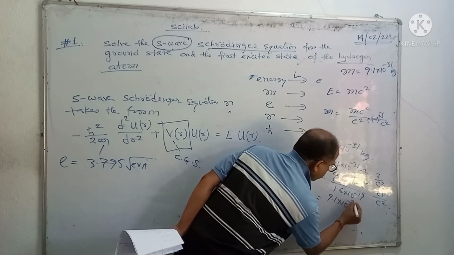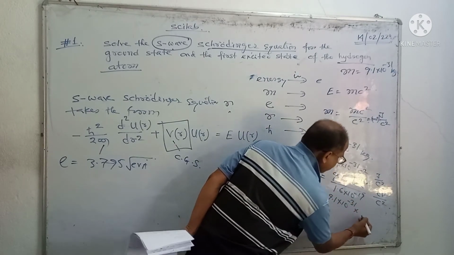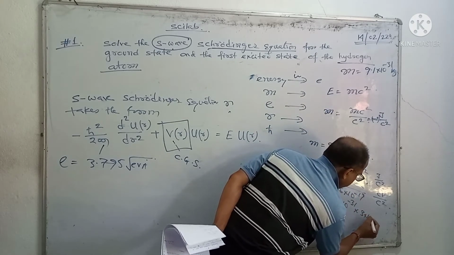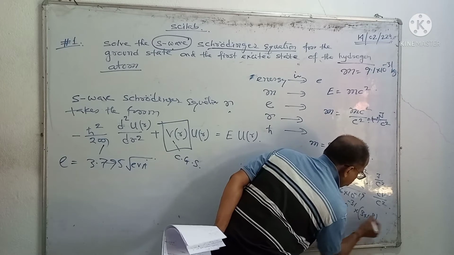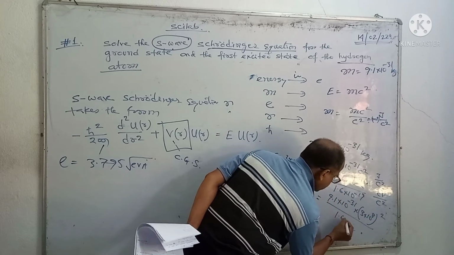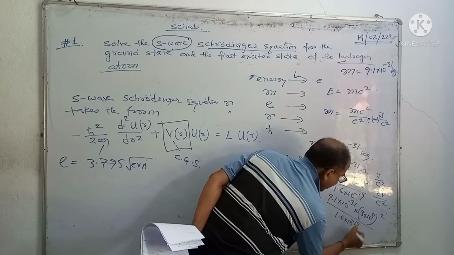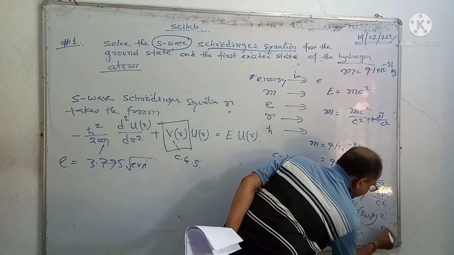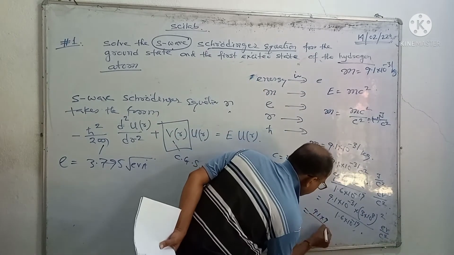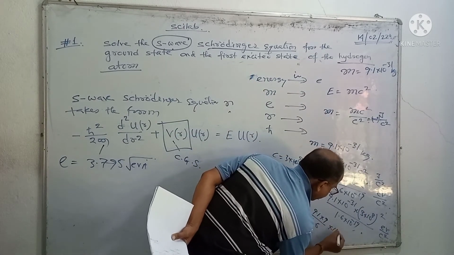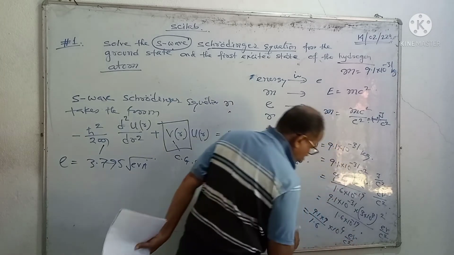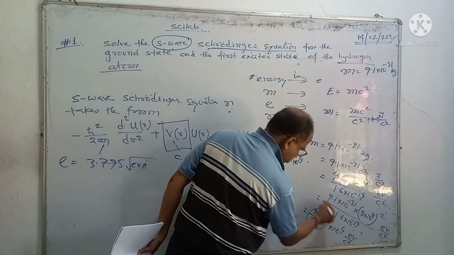9.1 into 10 to the power minus 31 into c, which is 3 into 10 to the power 8, whole square, by 1.6 into 10 to the power minus 19 electron volt by c square. Therefore into 10 to the power 4 electron volt by c square. Now calculate this one.